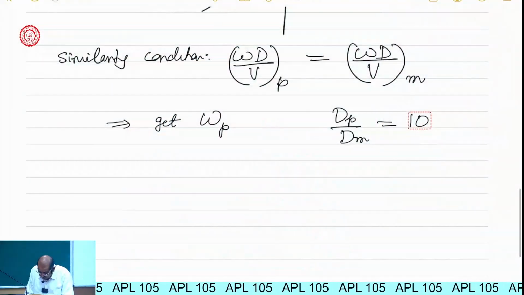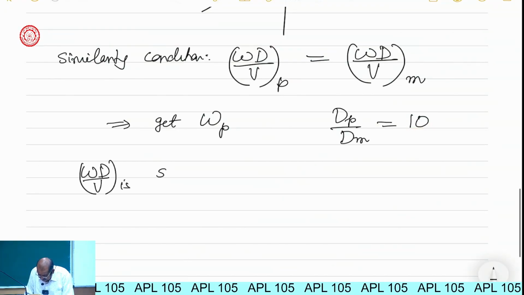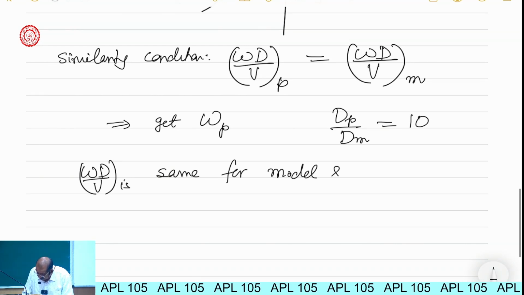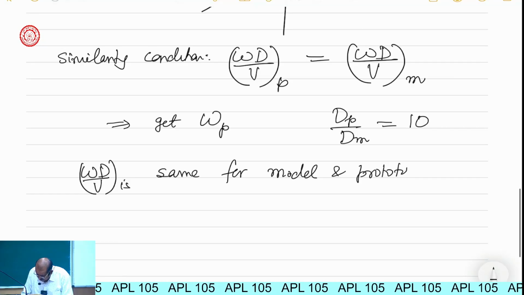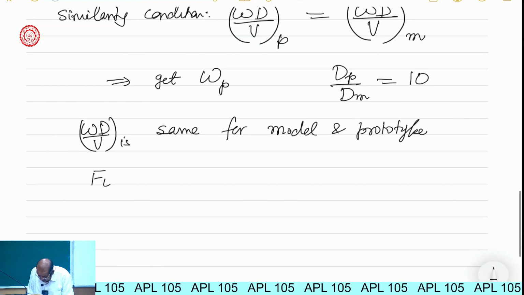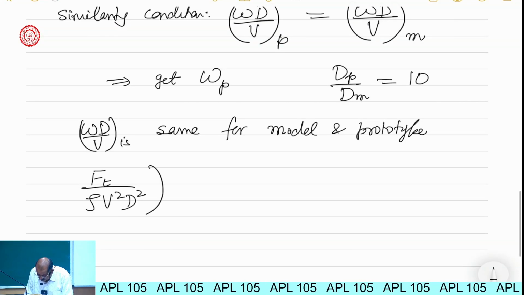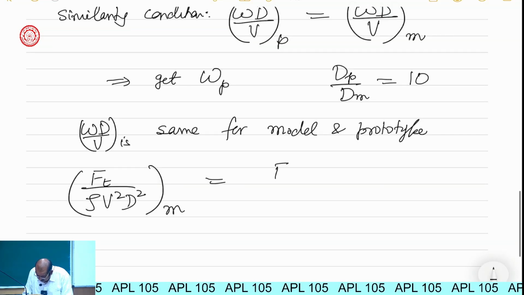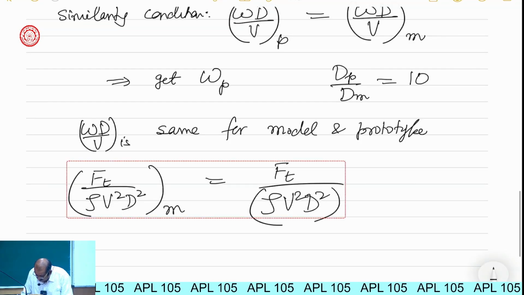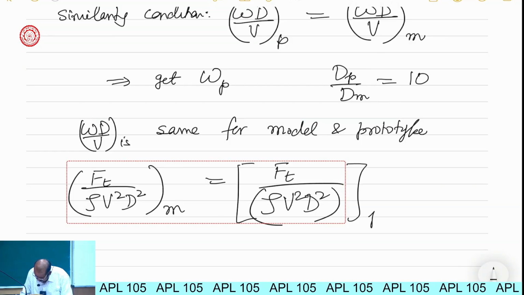Now you say, because omega D by V is same for model and prototype, then Ft divided by rho V square D square of the model is equal to Ft divided by rho V square D square for the prototype.